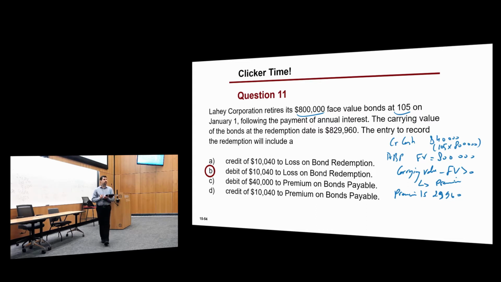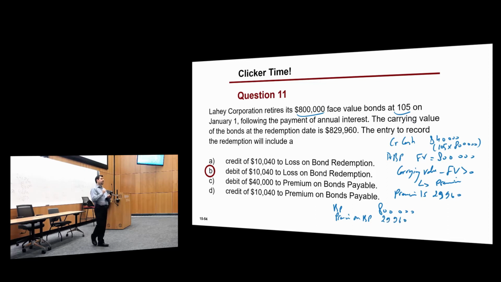Okay? So in this case, what's the journal entry? The journal entry would be to debit bonds payable, 800,000, sorry. Then debit premium on bonds payable, 29,960.